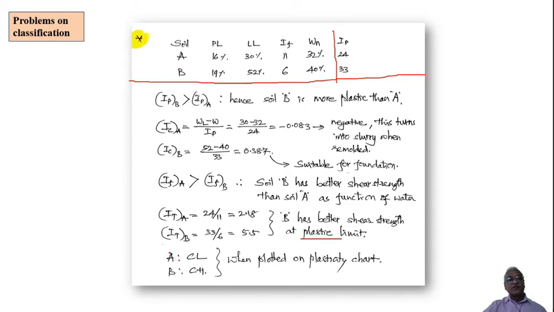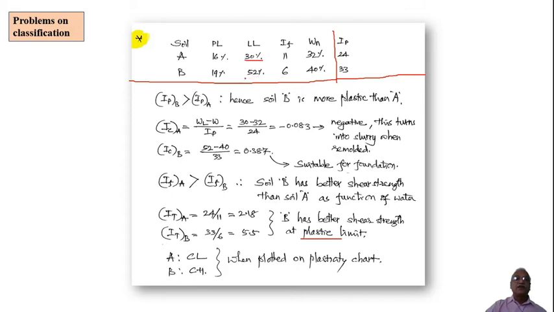Now as far as classification is concerned, soil A is clay, obviously, with low compressibility, because liquid limit is lying less than 35%.